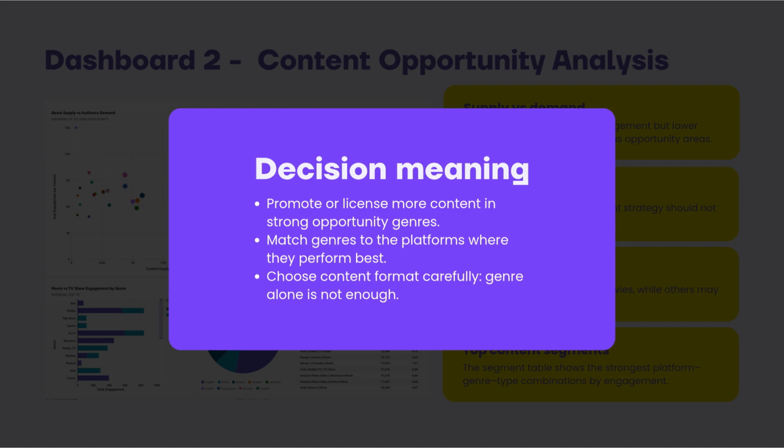From dashboard 2, we can turn the analysis into business decisions. If a genre has a high average engagement but limited content supply, the business can consider promoting or licensing more content in that genre. But if a genre performs better on a specific platform, the business should match the genre to the platform where it performs best. Also, the business should choose the content format carefully because the genre alone is not enough. This dashboard helps move from analysis to action.